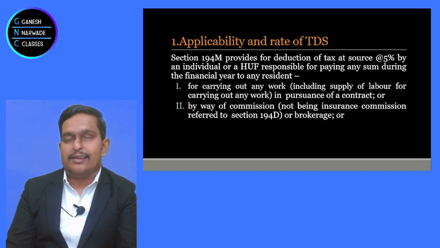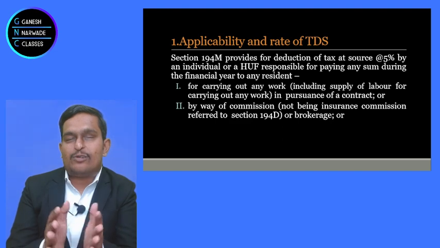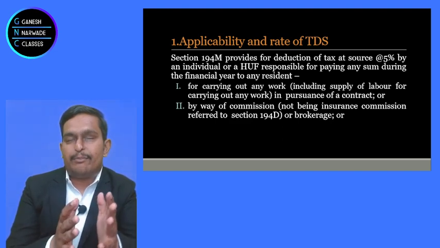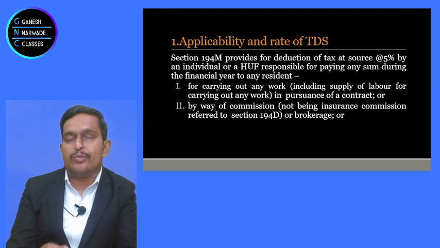See, first thing, if you are paying a contractor and that contractor is providing some contract related services or even supplying labor, still you are paying him and TDS should be deducted. Second thing, you are paying commission other than commission under section 194D.